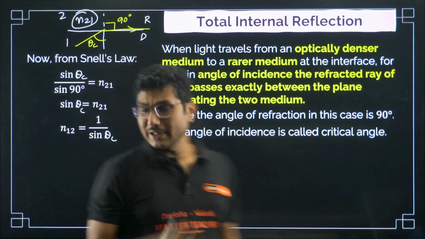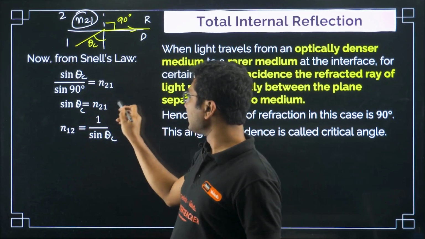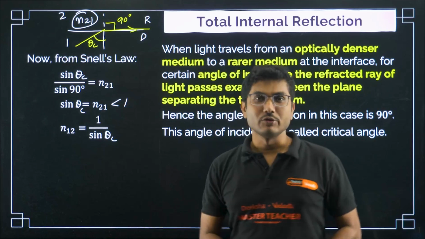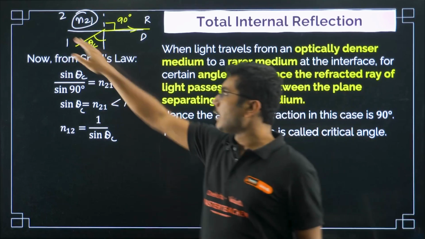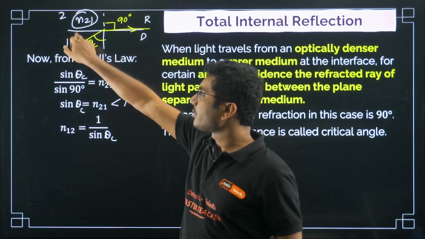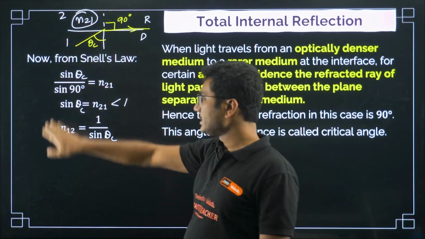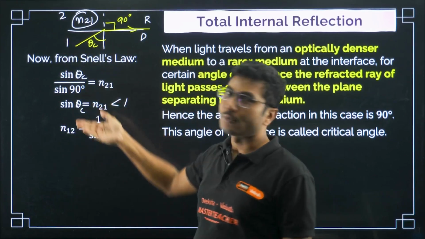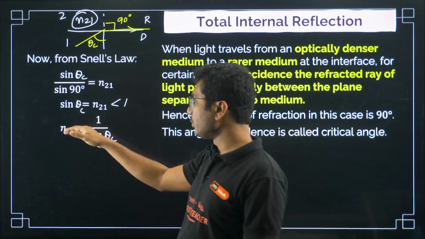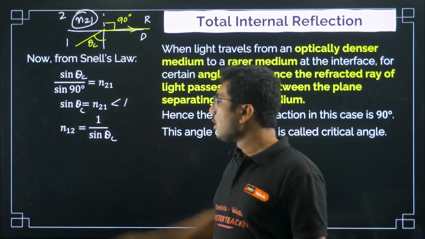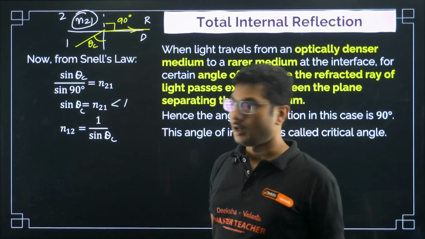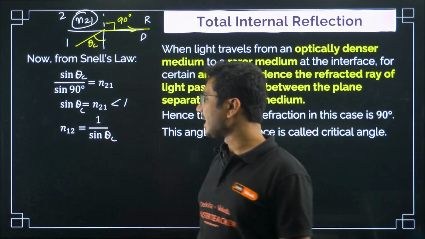So if you calculate this value, it will be less than 1. But if you want to find the refractive index of the denser medium, that is water, then you have to take the reciprocal of it. We have already shown you that n12 will be 1 by n21, that is 1 by sin theta c.